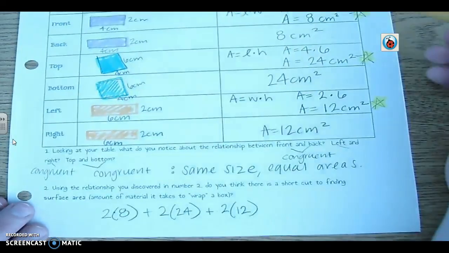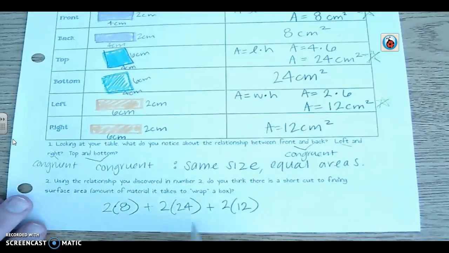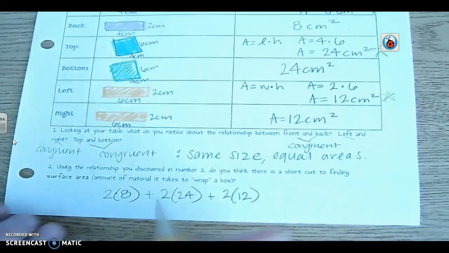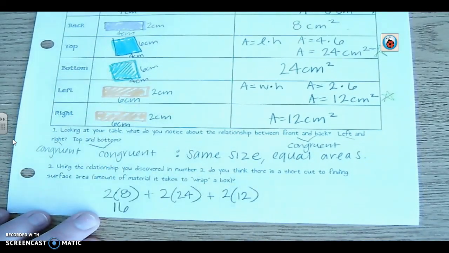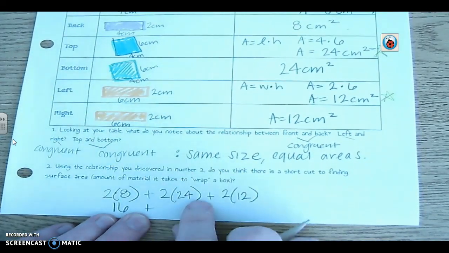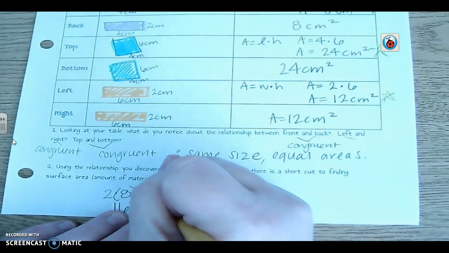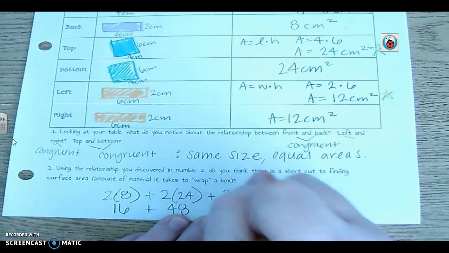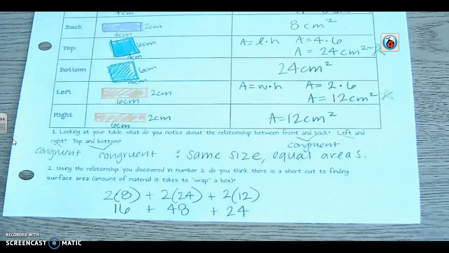So instead of adding each of these individually, I can use multiplication. 2 times 8 is 16. 2 times 24 is 48. And 2 times 12 is 24. Again, that's not my final surface area. I still am going to have to add because I want to cover every single surface.